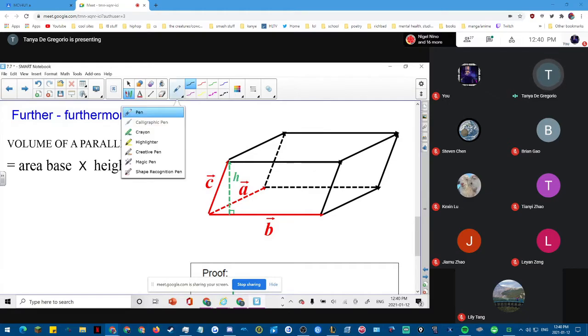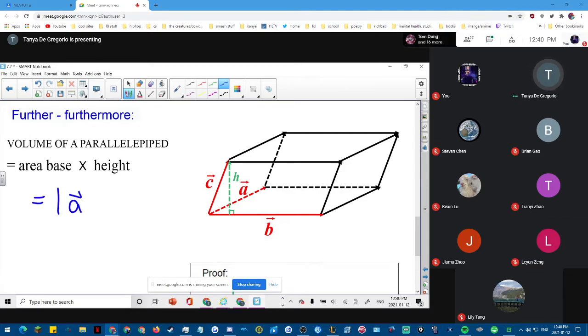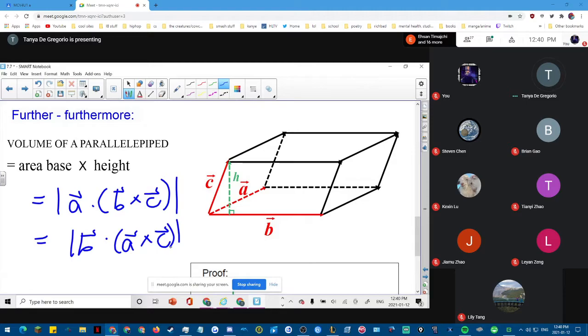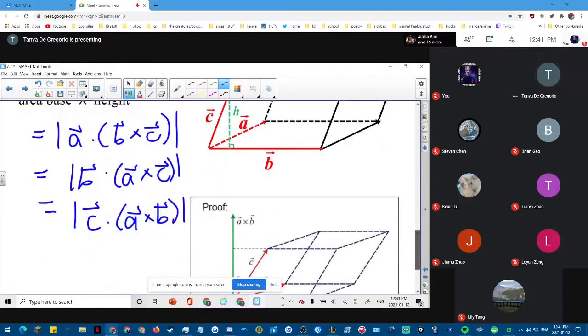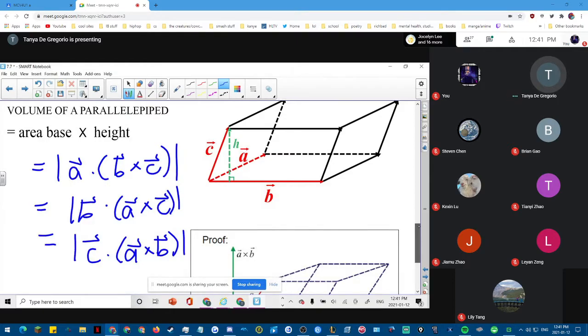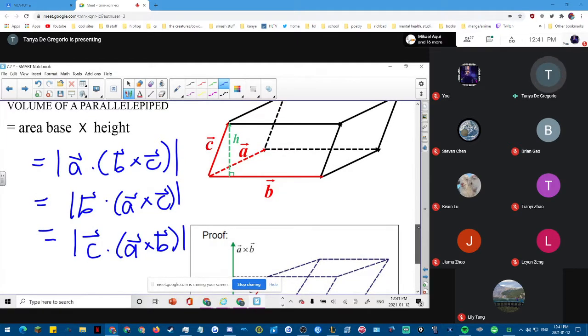Depending on how you draw this, because we can move this to have very different bases, depending on what side we have this parallelepiped on, it could be vector A dotted with the cross product of vectors B and C, or vector B dotted with the cross product of C and A, or the case that I'm showing, vector C dotted with A cross B. Depending on what you have as your base, my base is the vectors A and B, and so I'm dotting C with the vector that is perpendicular, A cross B.